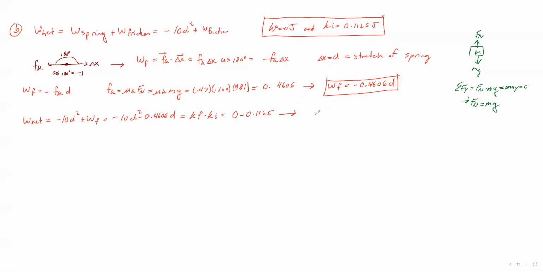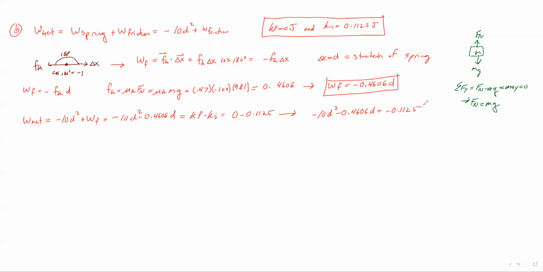So I get negative 10D squared minus 0.4606 D is negative 0.1125.